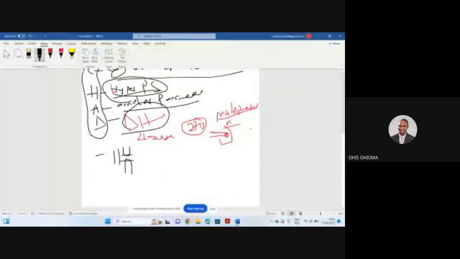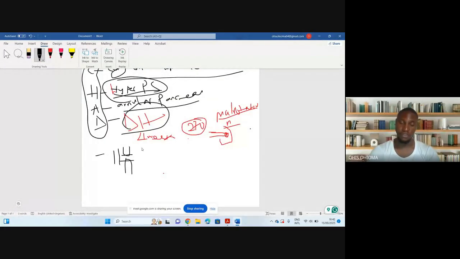So how it's tested in the exam is that I want to talk about the three of them first of all, right? So I'm going to talk about the second one, it's called the H type. So this is the H type. And then you have the last one where you have something like this.